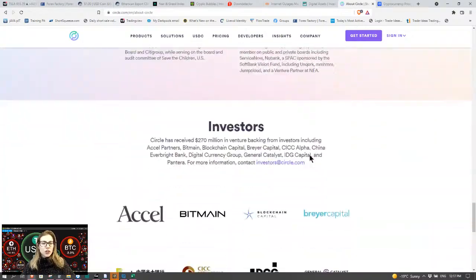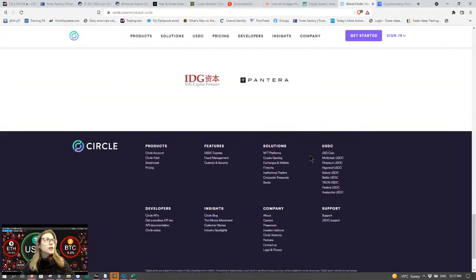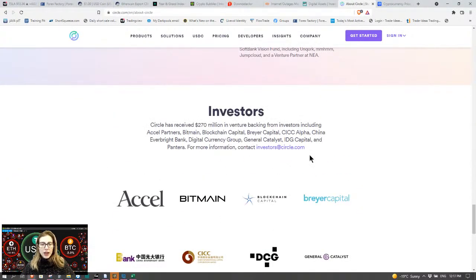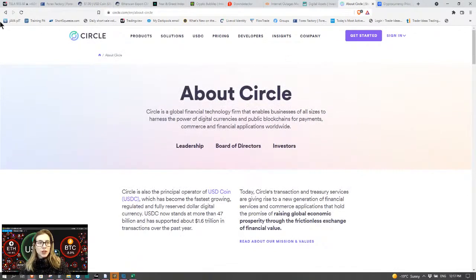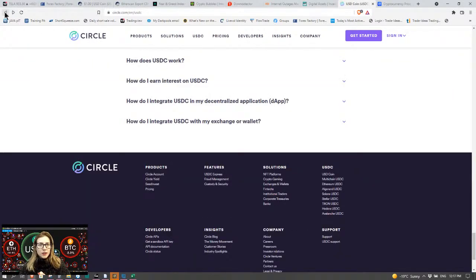I feel like they changed the web page since I was here on the other page. I was looking at it on the other computer, and it said Circle and Coinbase have partnered together to create USDC coin. Oh, I'm on the Circle website. That's why. I'm not on USDC particularly.